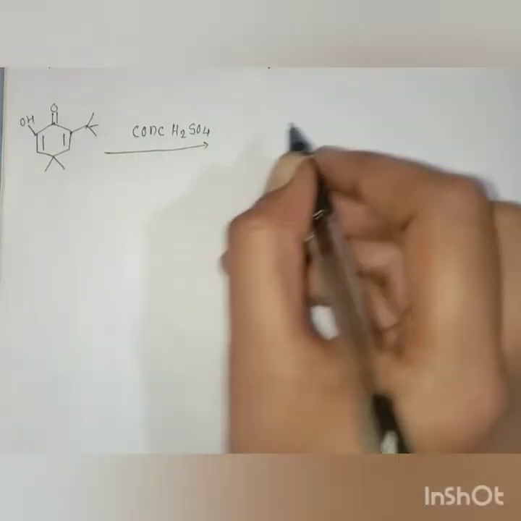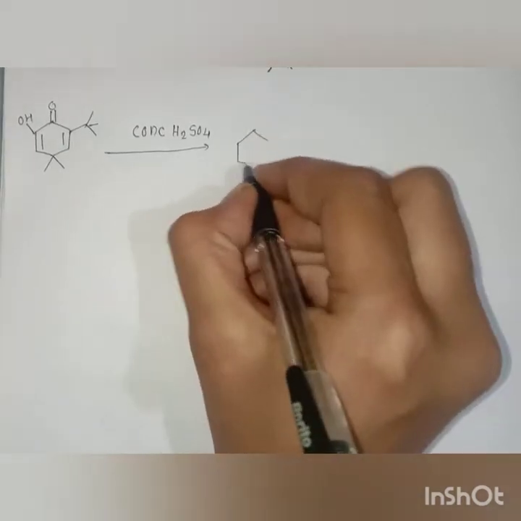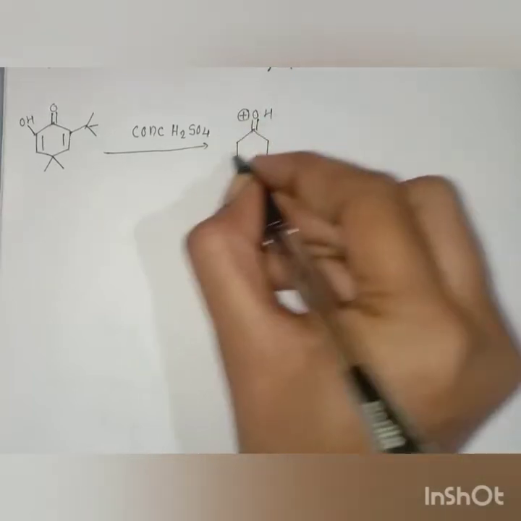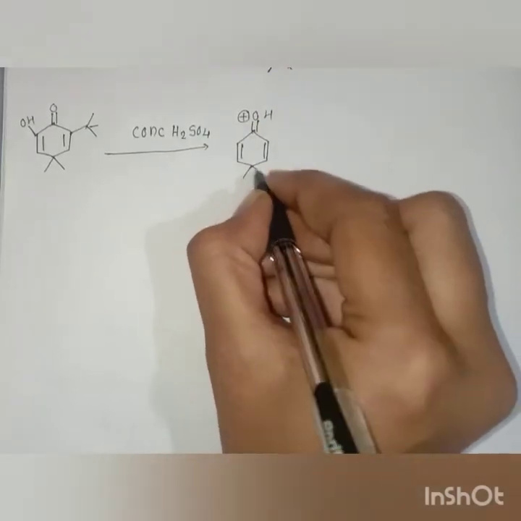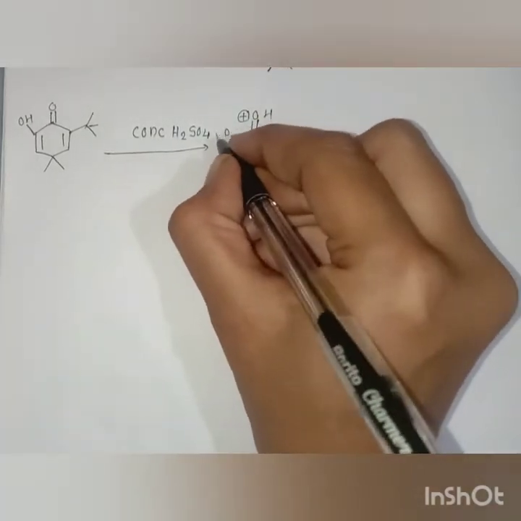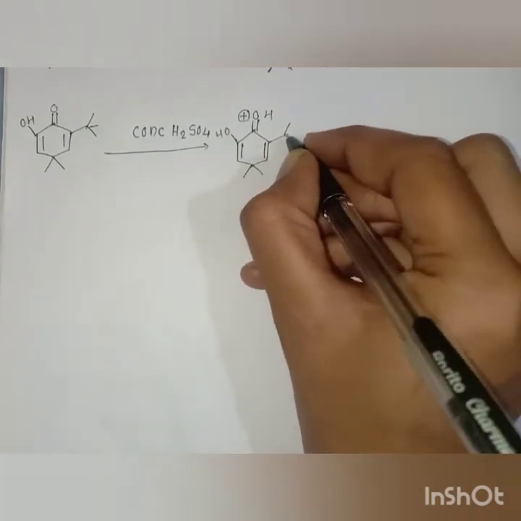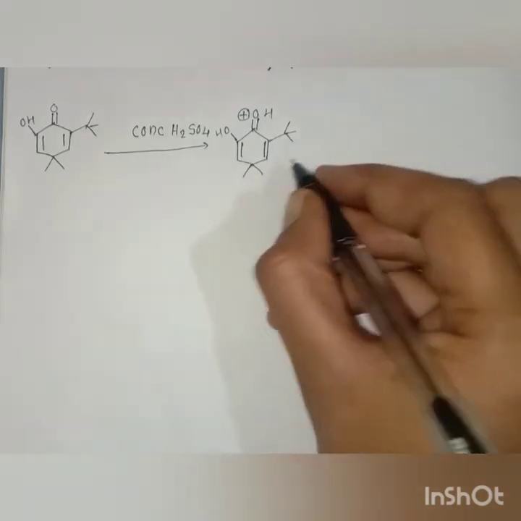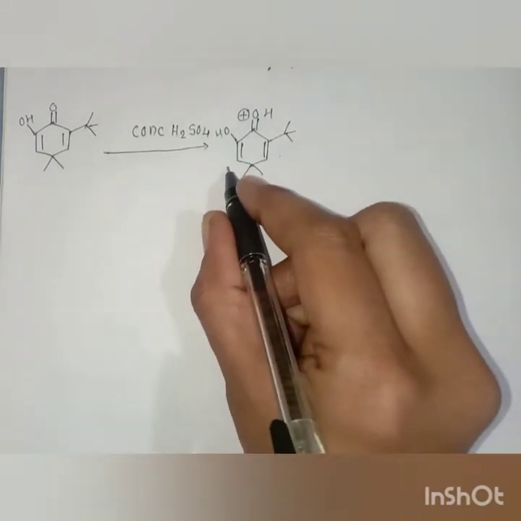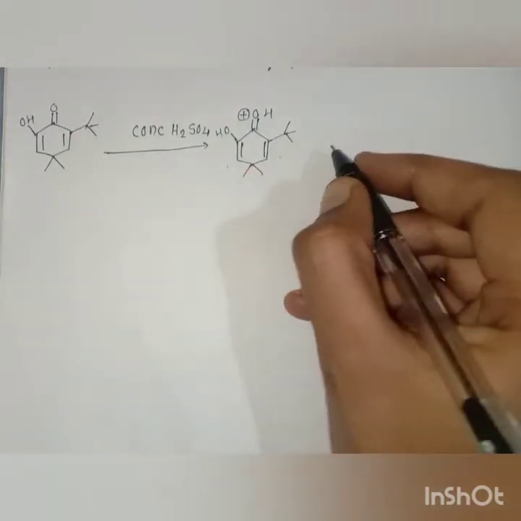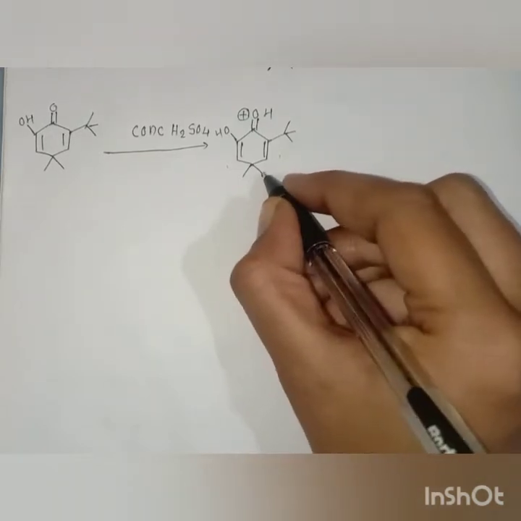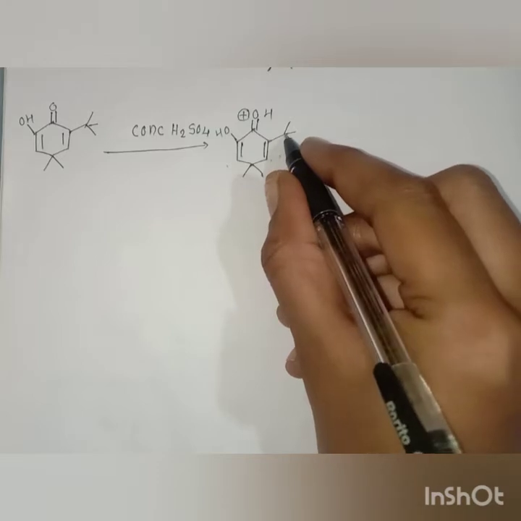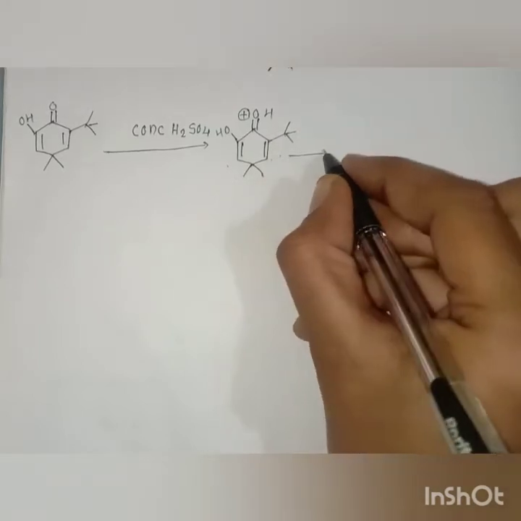Now, in this example, firstly, we will get this system, and in the next step, the question arises whether this methyl group is migrated on this side or on this side. But if we migrate this methyl group on this side, here the tertiary butyl group causes steric hindrance.